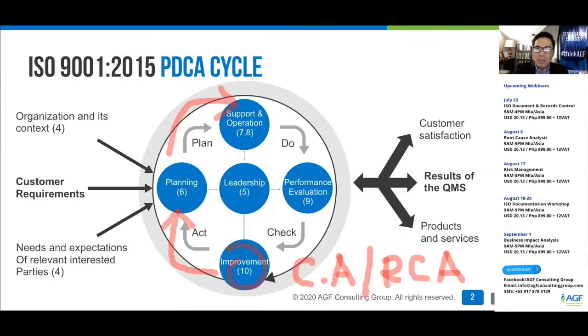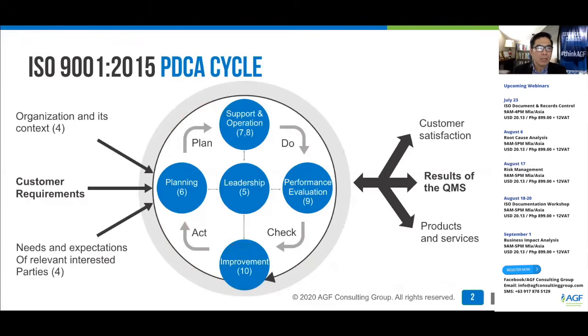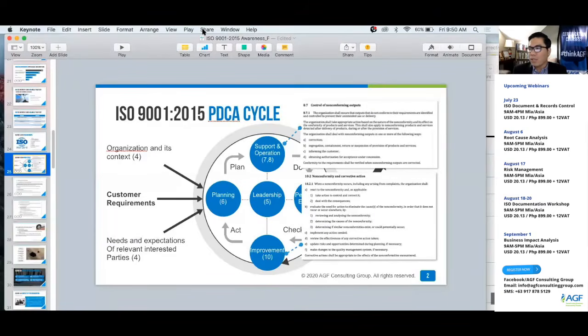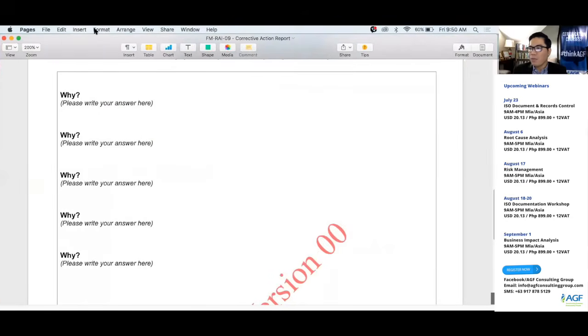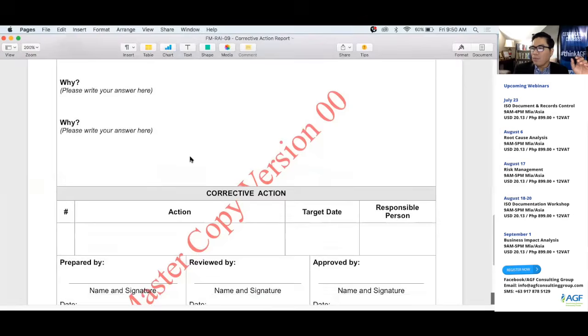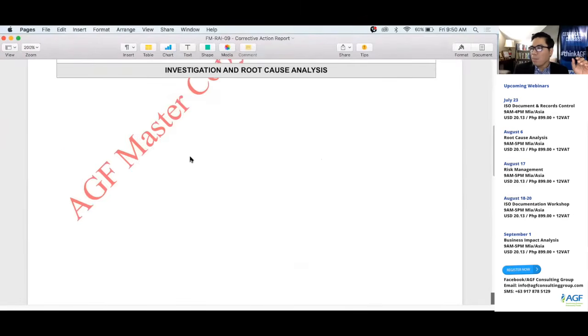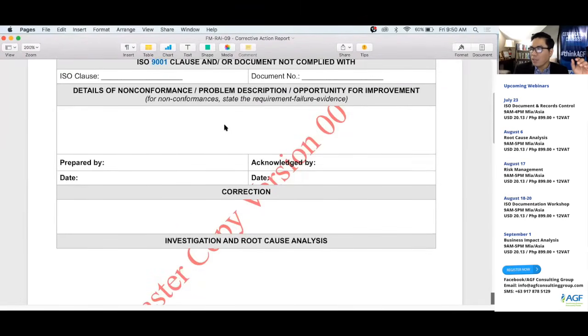So for now, this is how we conduct our corrective action reporting. Lastly, let me just go back to that form that I have shown you a while ago. To complete your corrective action reporting, in this particular form, we have done the correction. First you write here the nonconformance.